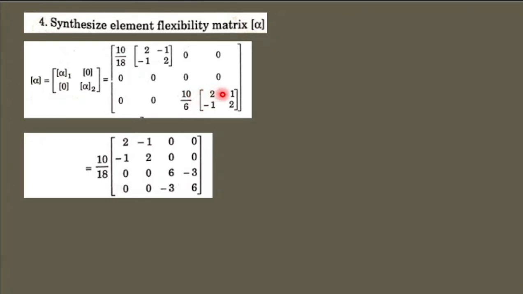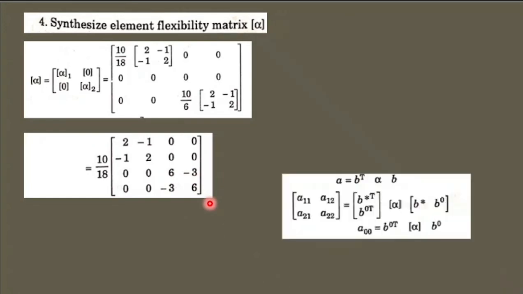So into 3 will be multiplied for all the components. So 2 into 3 will be 6 and 1 into 3 will be minus 3, like that. So now your alpha matrix is 10 by 18, 2 minus 1, 2, and the rest of the off-diagonals will be 0, and this will be 6 minus 3, 6. So this is the alpha matrix.